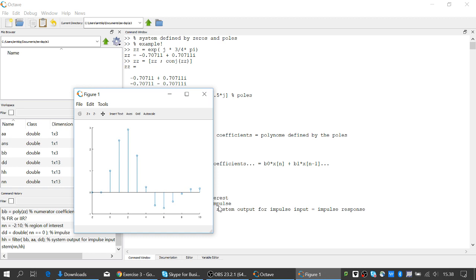If there's anything non-zero starting from delay 3 and further, then it's an IIR system. Okay, it has. So this is an IIR system by definition.